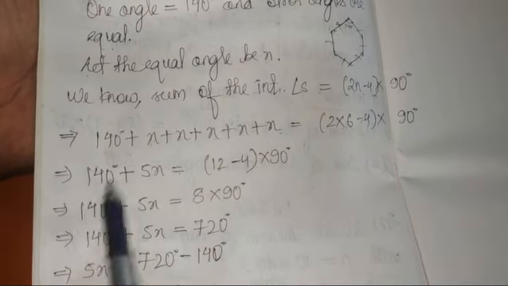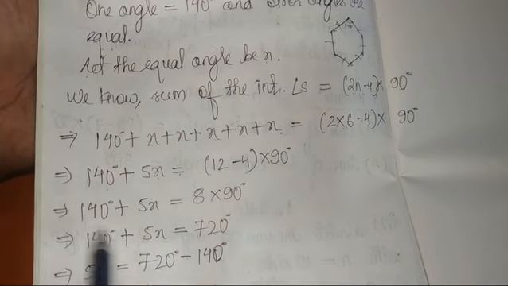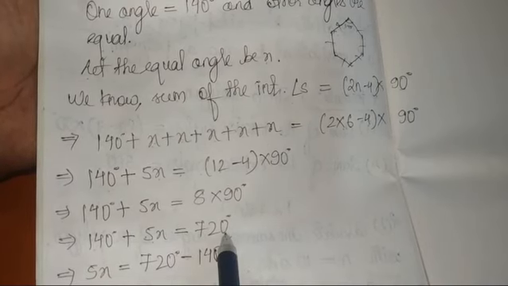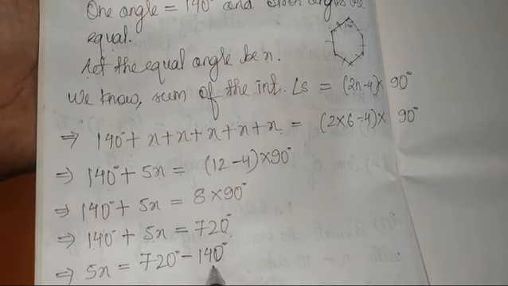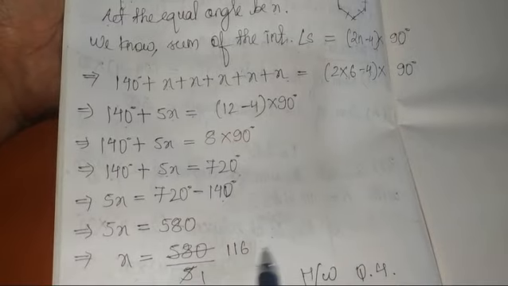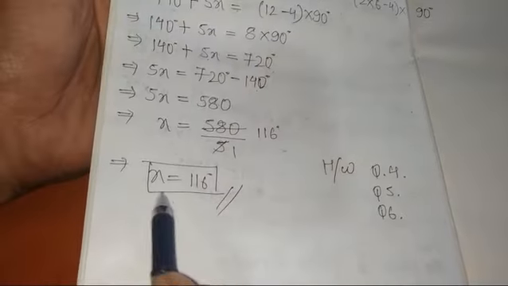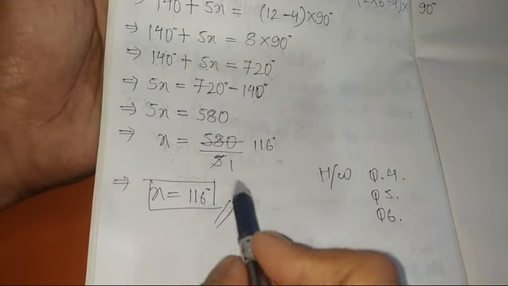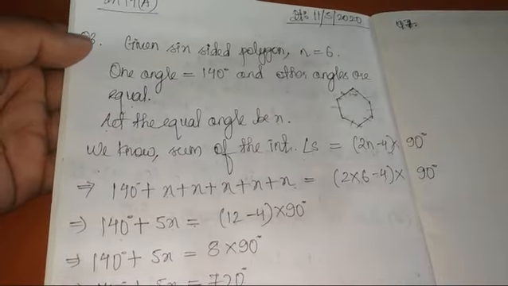So 140 degrees plus 5x equals (12 minus 4) into 90, which is 720. Then 5x equals 720 minus 140, and therefore x equals 116 degrees. Hence the measure of each equal angle is 116 degrees.